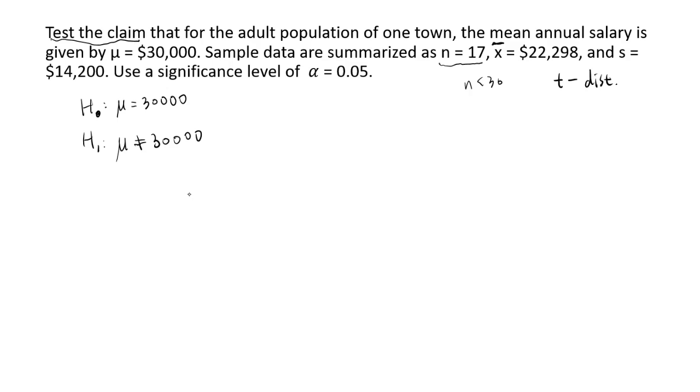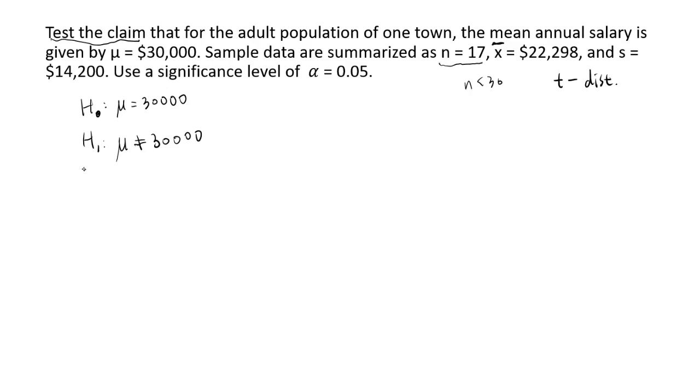But here it's simply trying to see if this claim is true or not. So that's the null hypothesis, and the alternative hypothesis is simply the opposite, mu not equal to 30,000.